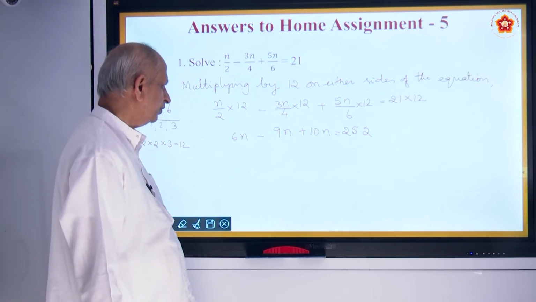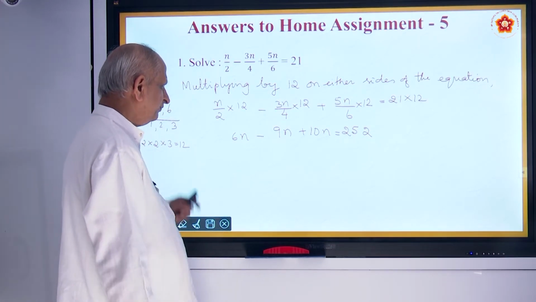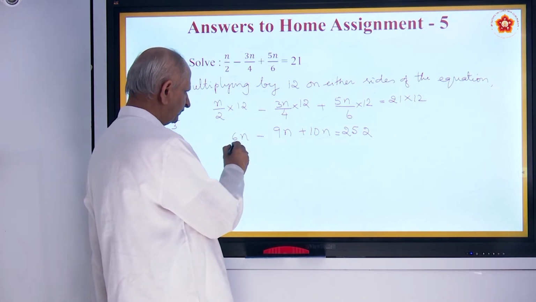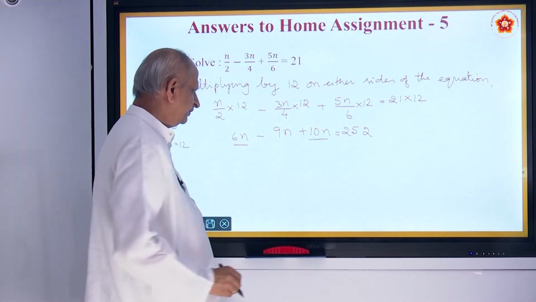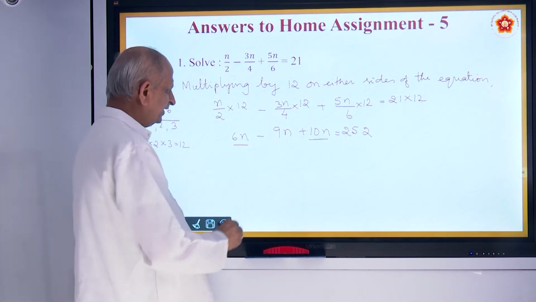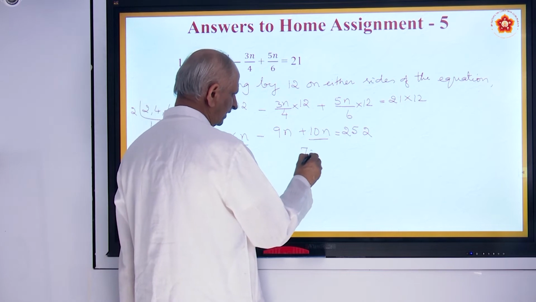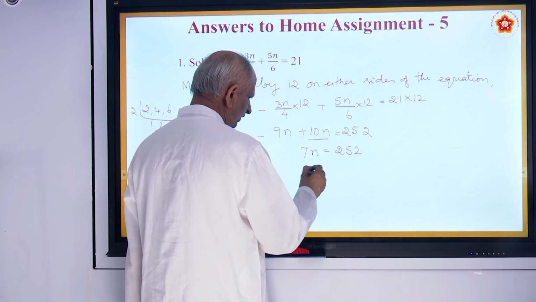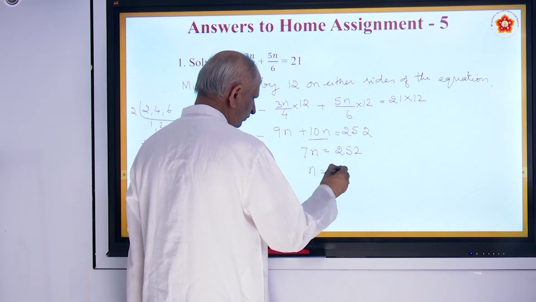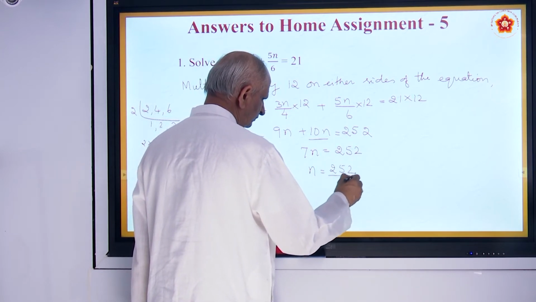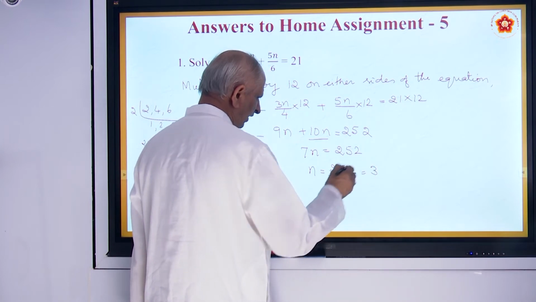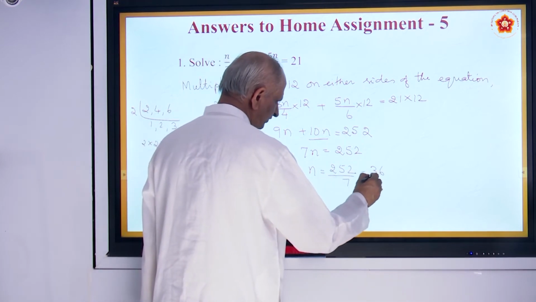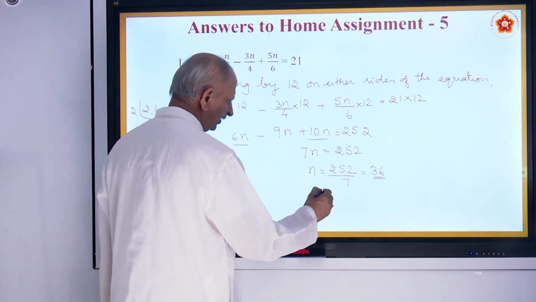Now add this: 10 plus 6, 16. 16 minus 9, 7n, is equal to 252. So n is equal to 252 by 7. 7 3s are 21, 7 6s are 42. n is equal to 36 is the answer.